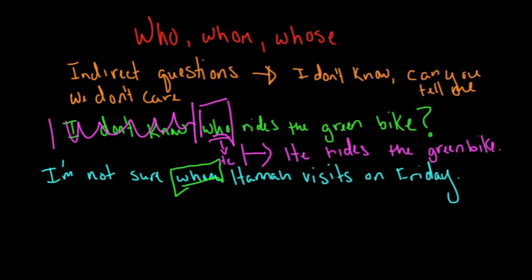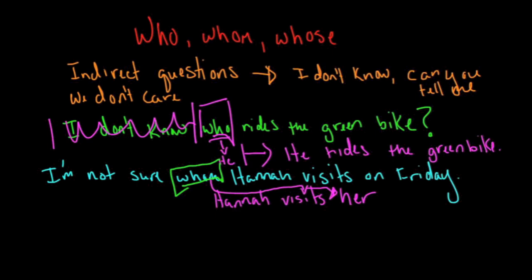And if we answer this, we would say Hannah visits her. So remember, whom is receiving the action of visits. So Hannah visits her on Friday. And that's why we use whom there.